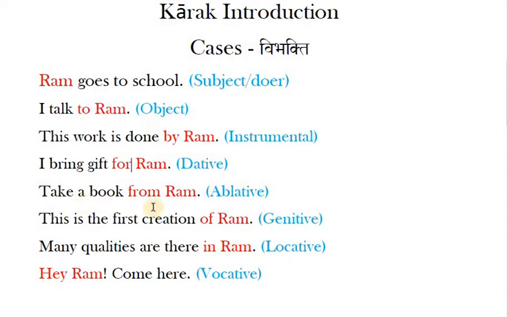Take a book from Ram, so the preposition from is used, it is called ablative. This is the first creation of Ram, here the preposition is of, genitive case. Many qualities are there in Rama, so here the preposition in is used. And in the last sentence, Hey Ram, we use Hey in English, before Ram. So how to write in Sanskrit, that we will understand in the next slide.